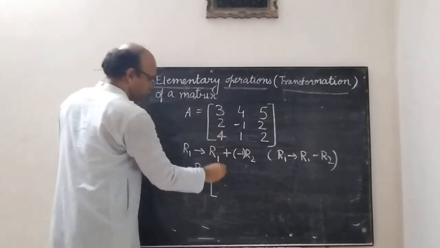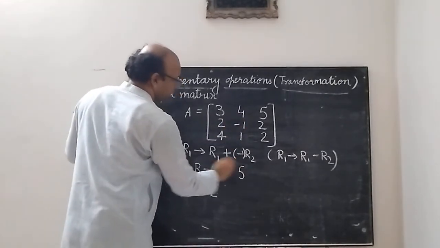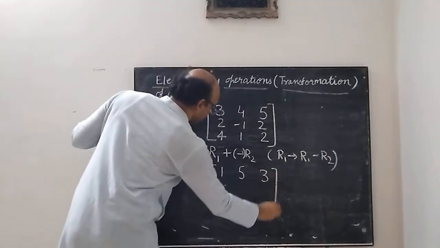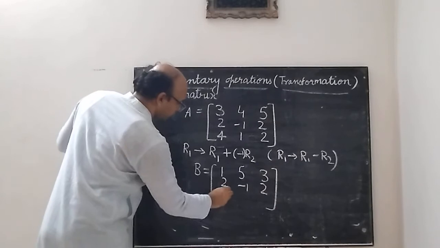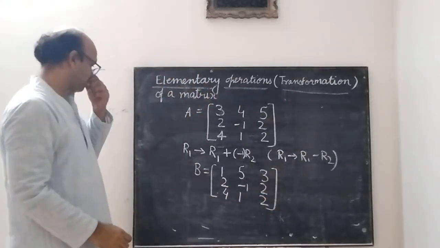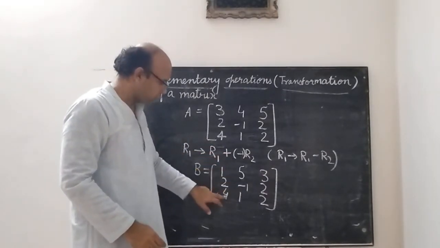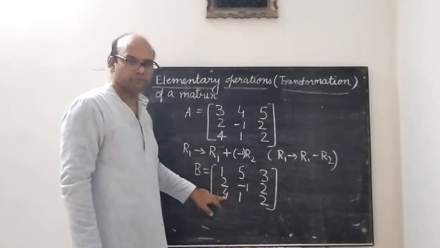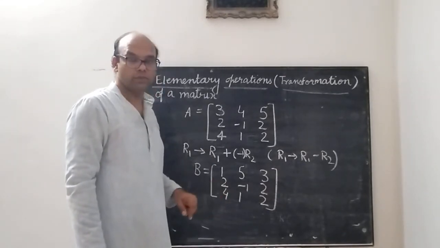So 3 minus 2 is 1, 4, 5 minus 2 is 3, 2 minus 1, 2, 4, 1, 2. So this is what we will be getting. Now suppose we want to make this 0.